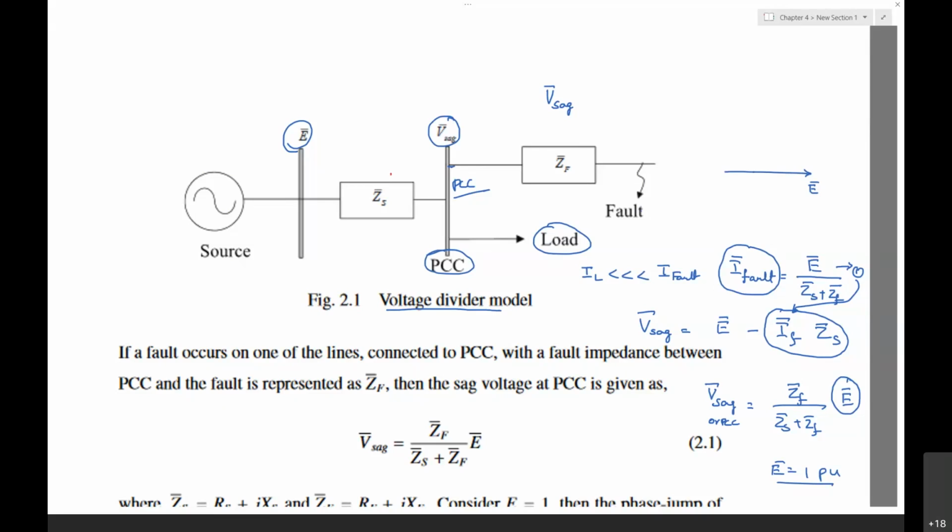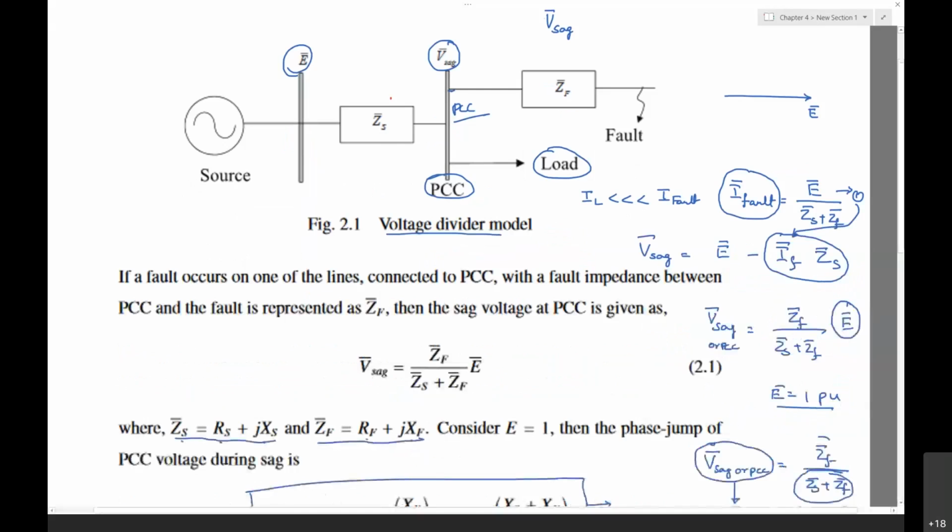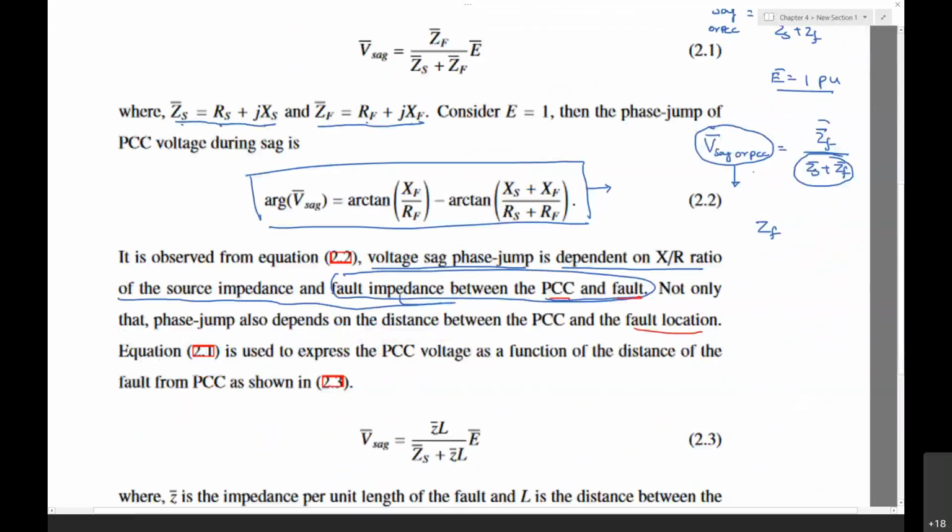The important point is that the phase jump in the voltage sag magnitude is due to the X by R ratio of the feeder impedance as well as the fault impedance. With this equation, it is clearly understood. This is the equation 2.1.